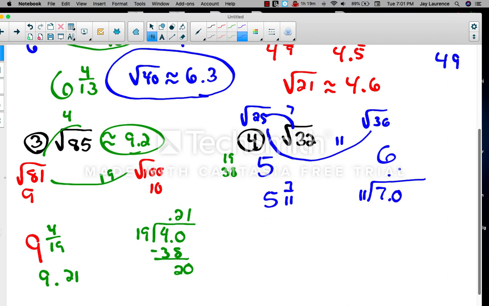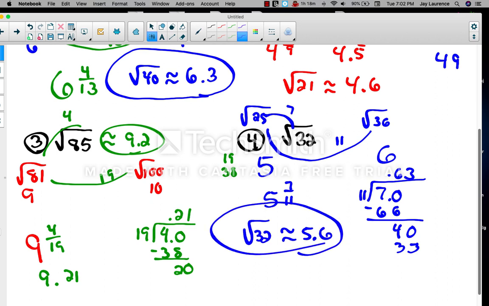All right, that's going to go 6 times. Going to subtract. Going to get 4. And it looks like it's going to go 3 times to give me 63. Yep, that's correct. So now I can say that the square root of 32 is approximately 5 and 6/10. And there you go.